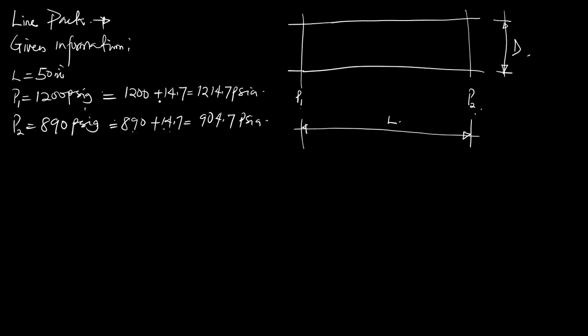This is the given information. We have calculated the absolute pressure. Now we are also given the flow rate of the pipeline.